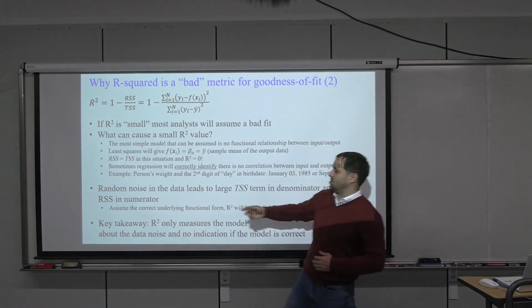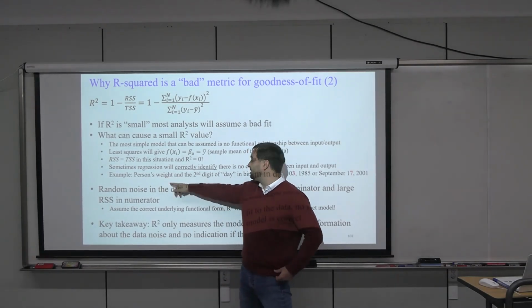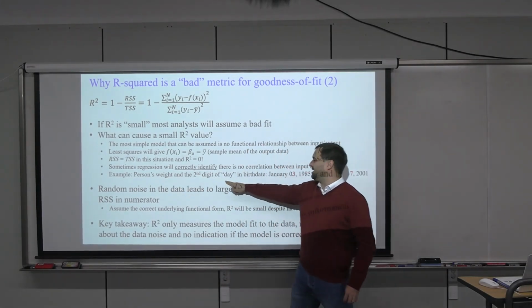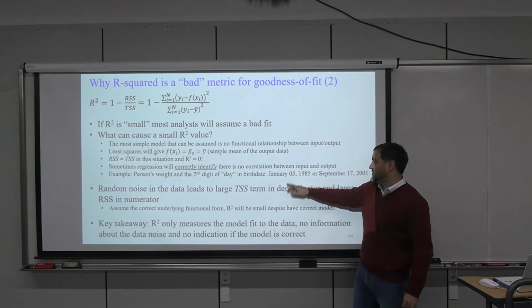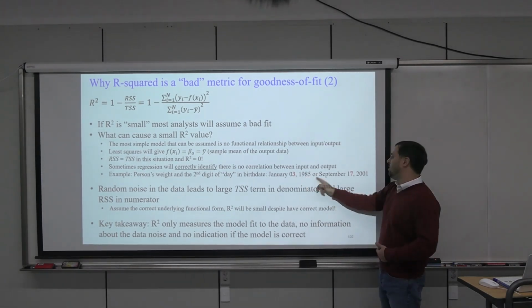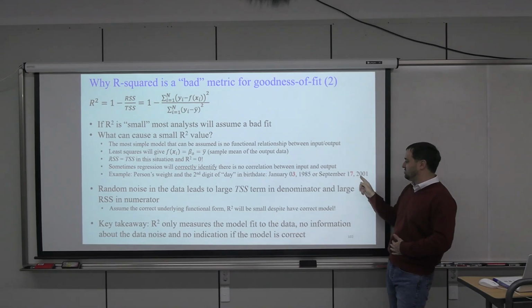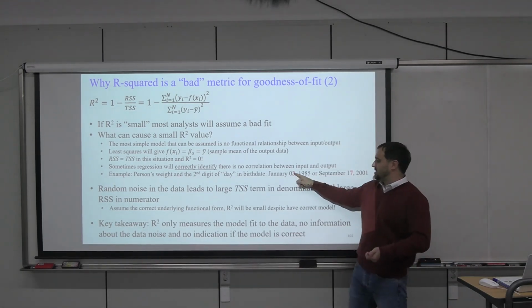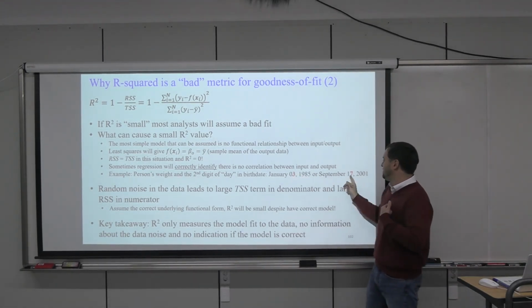Do you think there would be a correlation between the person's weight and the second digit of the day in the birthday? So for example, January 3rd, 1985. That actually happens to be my birthday. Or September 17, 2001. So my digit would be 3, the other person's 7.